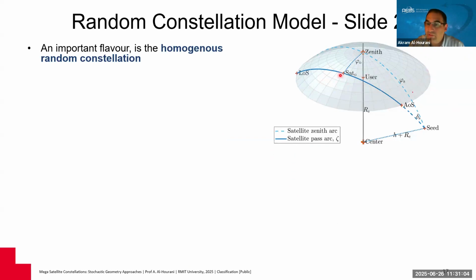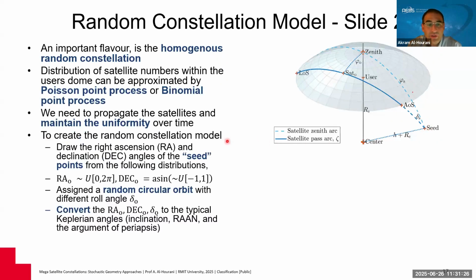This blue line is called the pass arc. The point where the satellite becomes available is called the acquisition of signal point. The satellite passes through the arc, through the dome, your local sky, and then disappears at the loss of signal point. The seed point, meaning where the satellite starts, is randomized. You can randomize this.